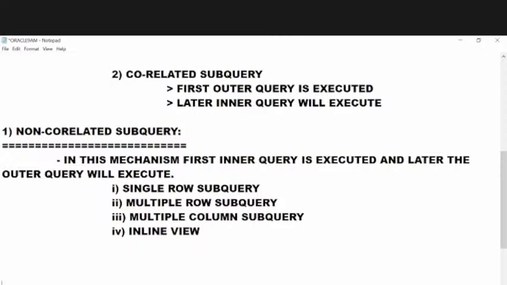These are the four types in non-correlated, and all of them work the same way: first inner, later outer. Now we will see the first one, single row subquery.